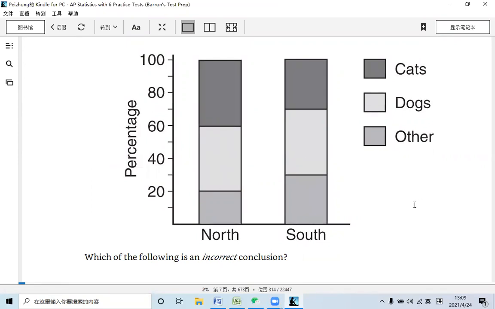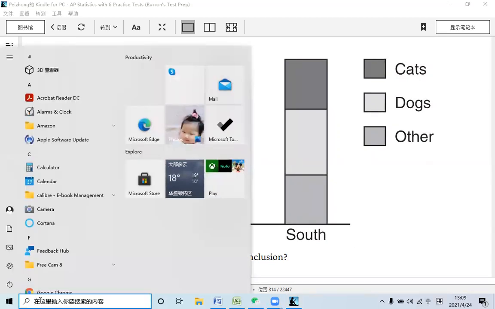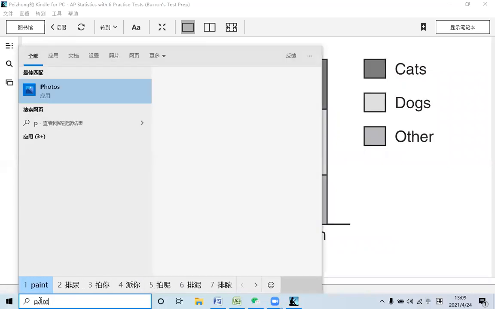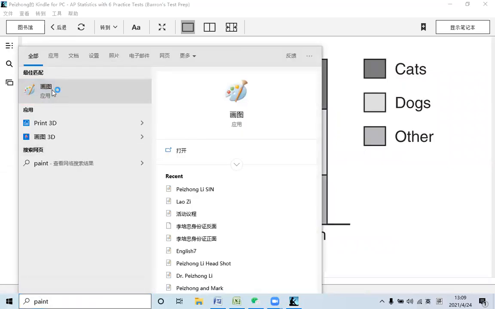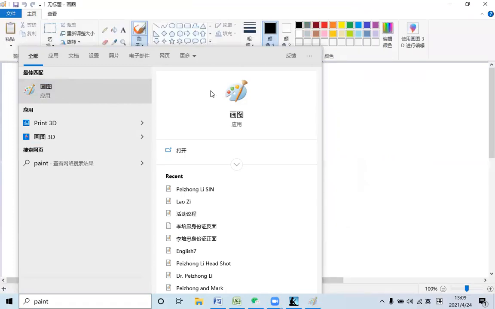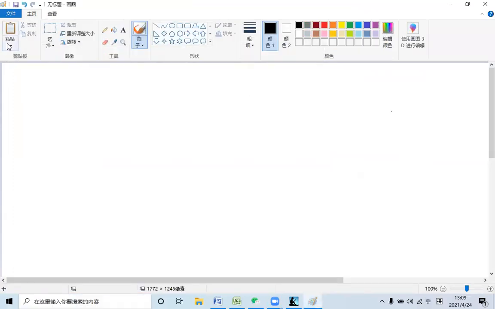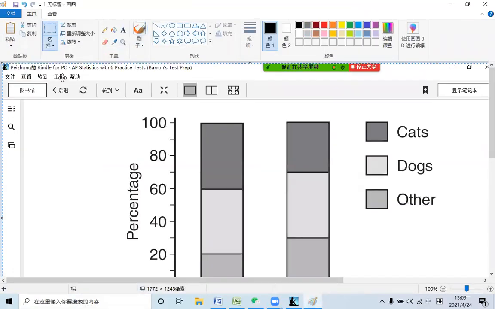I might want to copy this to look at it on the same screen. All right, let's copy this.